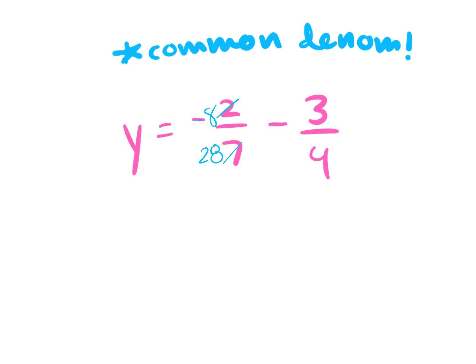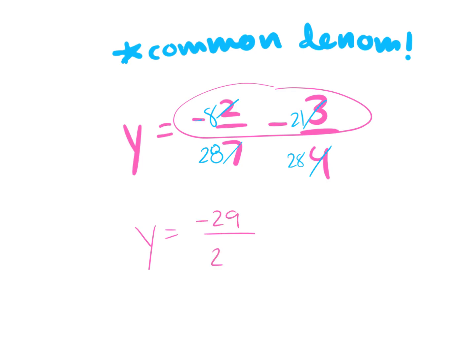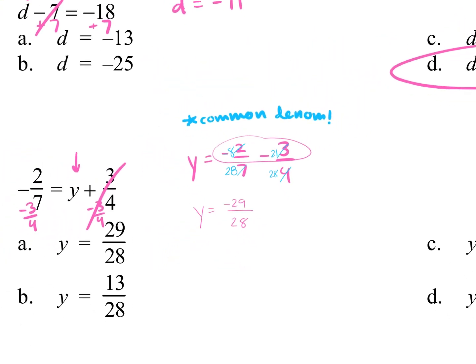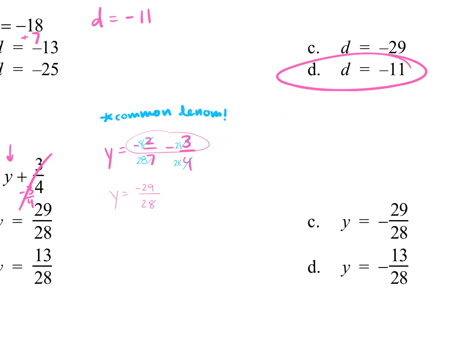And then I'll multiply the second one by 7 to make it negative 21 over 28. And then we just combine the tops. What's negative 8 minus 21? Negative 29 over 28. So that would be answer choice C.